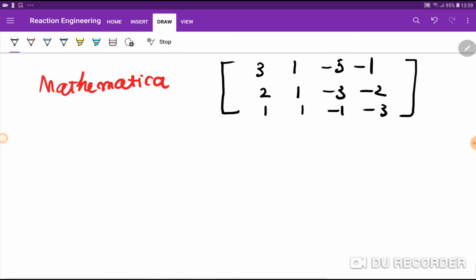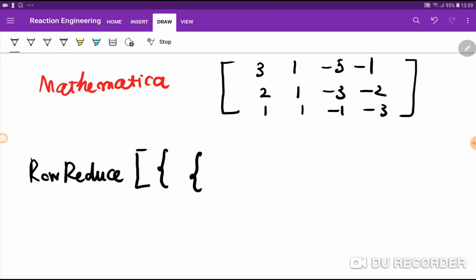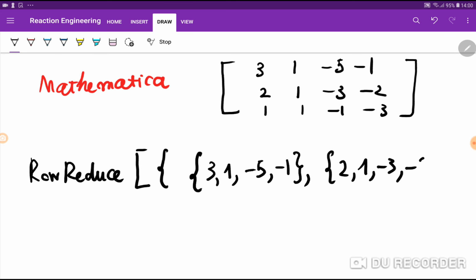Okay, so this is the command you're gonna put in. You say RowReduce. This is in Mathematica, okay? Then you bracket this, and then you write each row of the matrix. So you write 3, 1, -1, -5, comma, 2, 1, -3, -2.